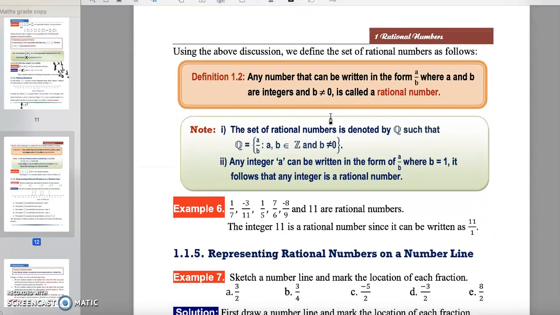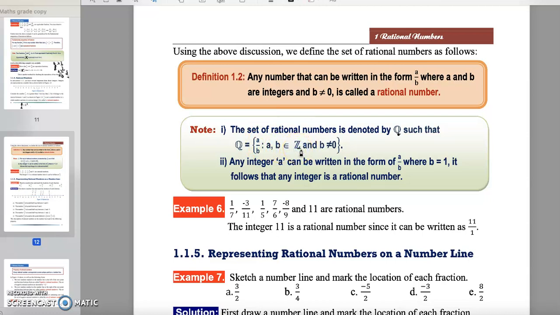So any number that can be written in the form a over b, where a and b are integers and b is not equal to 0, is a rational number. The set of rational numbers is denoted by Q, such that Q is written in the form a over b, where a and b are in Z, meaning integers, right?